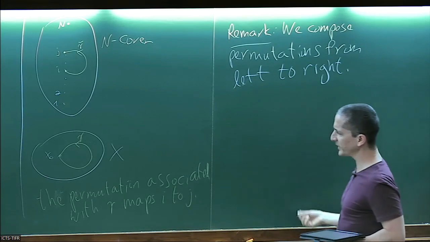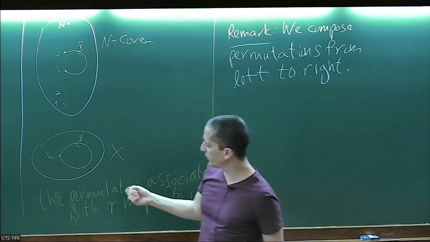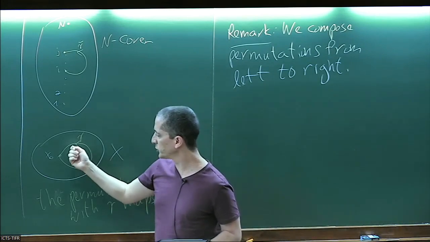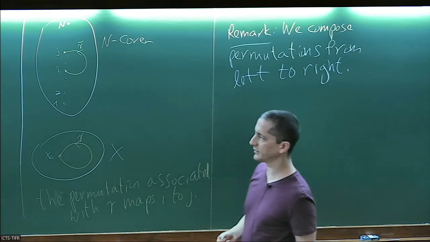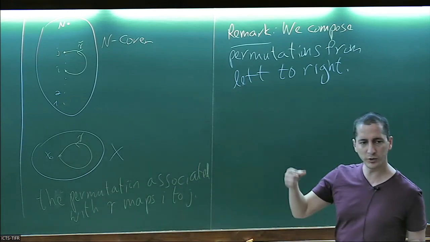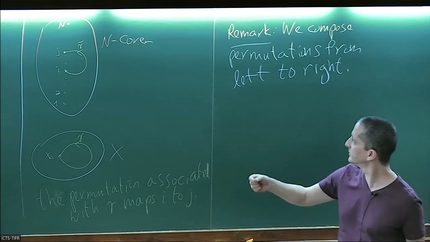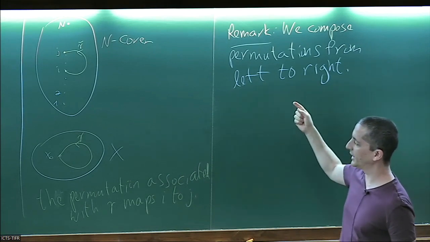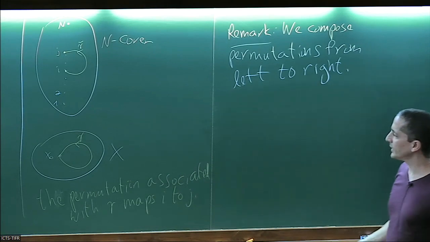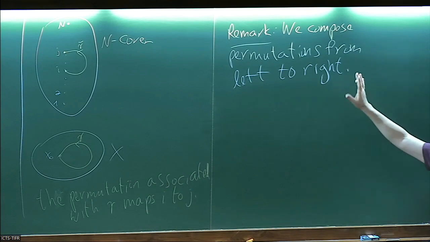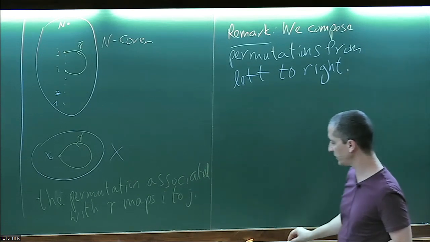The reason is that when we think about the fundamental group, and more generally groupoids, we usually multiply from right to left, but you really don't need to worry about it. It's not going to change anything dramatic in the topology.